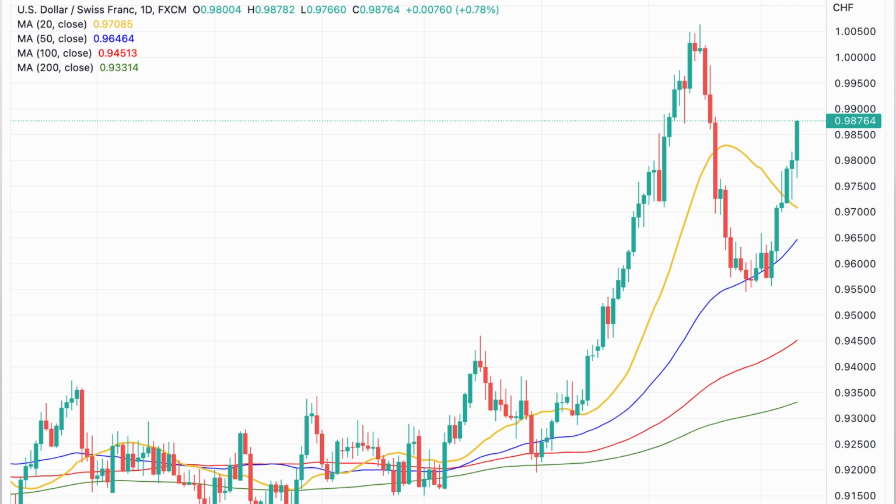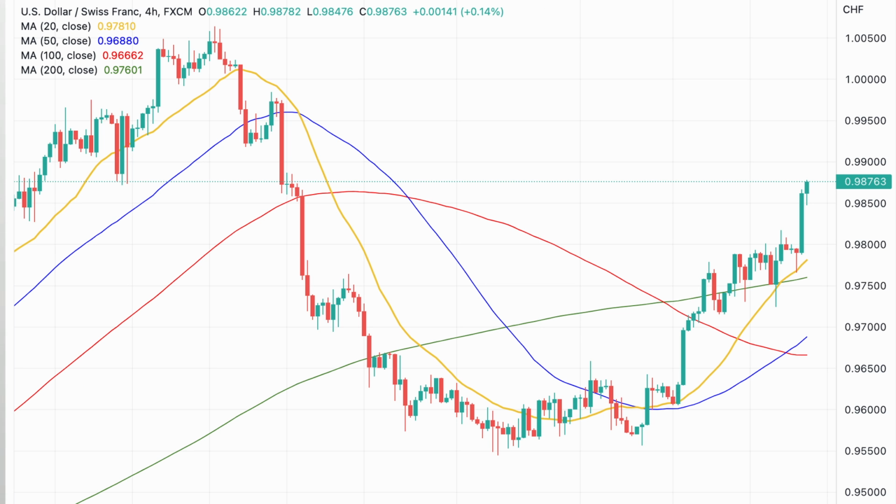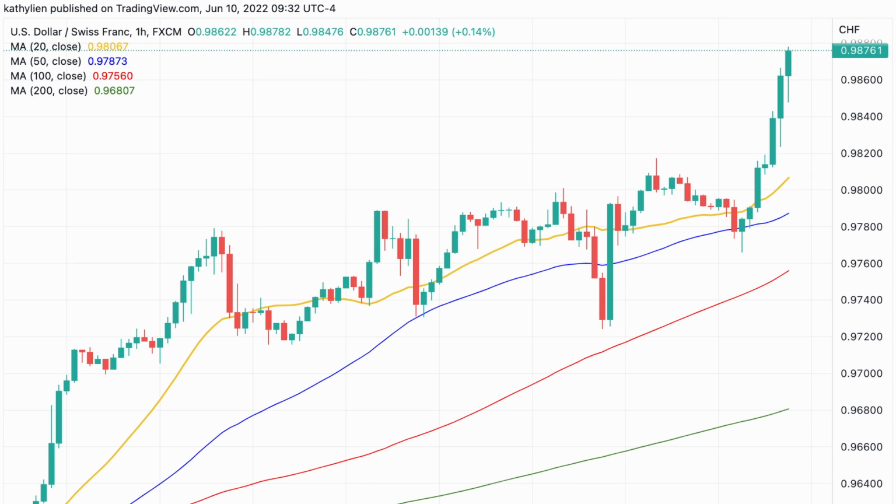Let's take a look at how this would look on a chart. In this dollar Swiss chart, there are 4 moving averages: the 20, 50, 100, and 200 simple moving averages. These are my favorite moving averages to use, and on this chart you can see the dollar Swiss is trading above all of these moving averages on this daily chart, this 4-hour chart, and this 1-hour chart.